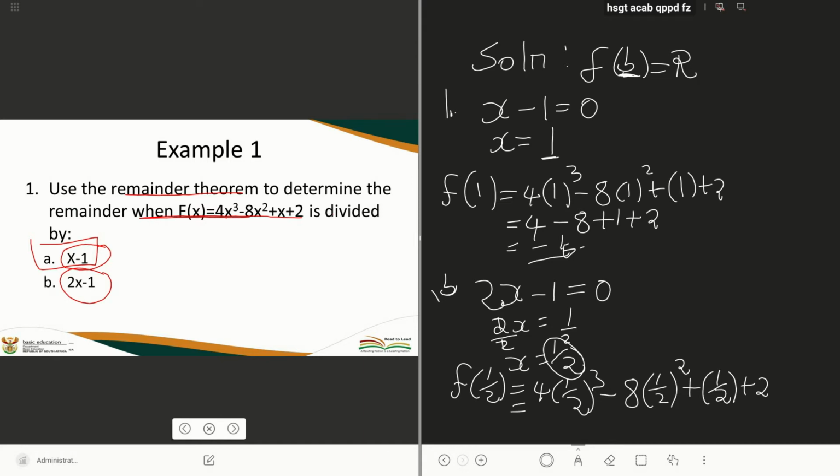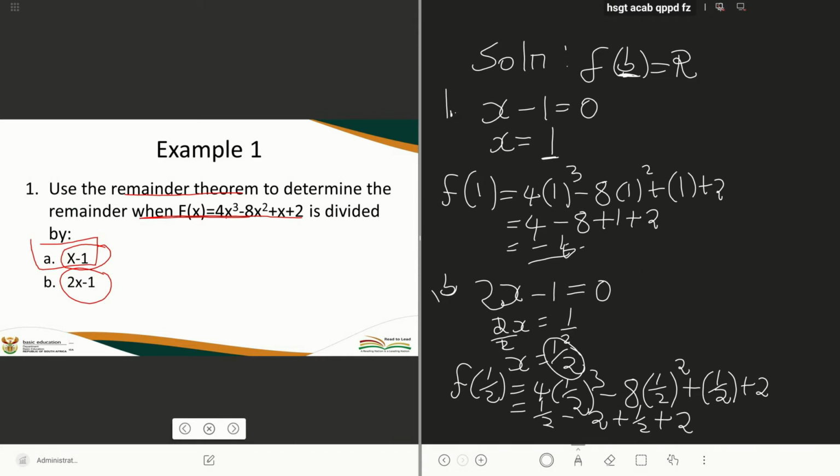Now, let's just simplify this. You can punch this in your calculator, or you can just calculate by inspection. 4 multiplied by 1 over 8 is going to be 1 over 2, minus 8 multiplied by 1 over 4. It's minus 2, plus half, plus what?